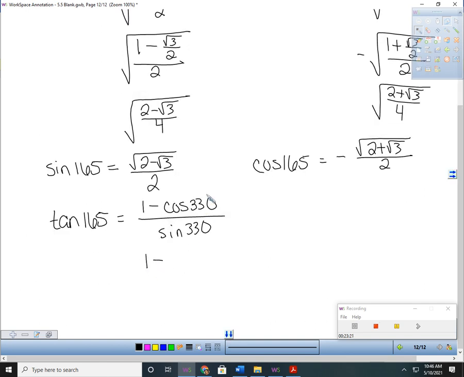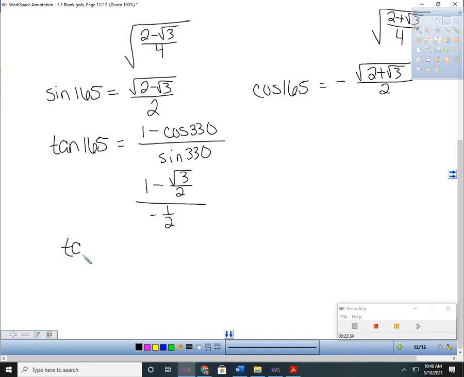Cosine of 330, which we already found, was the square root of 3 over 2. Sine of 330 is negative 1/2. And you can plug that in your calculator. So tangent of 165 is equal to negative 2 plus the square root of 3.